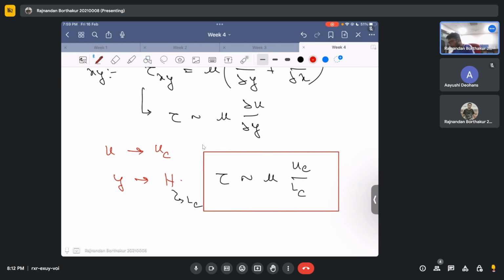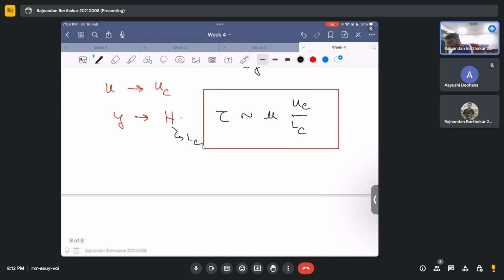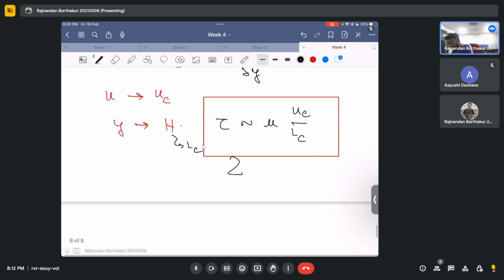So this is basically the scale for viscous stresses. This is something that you need to know.